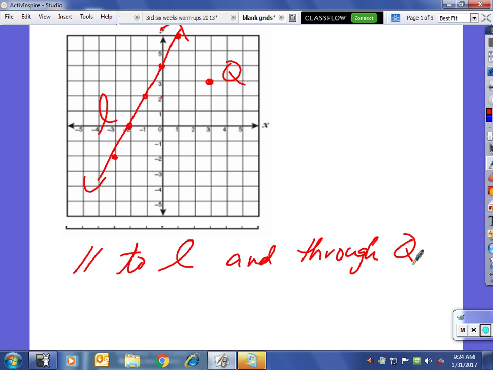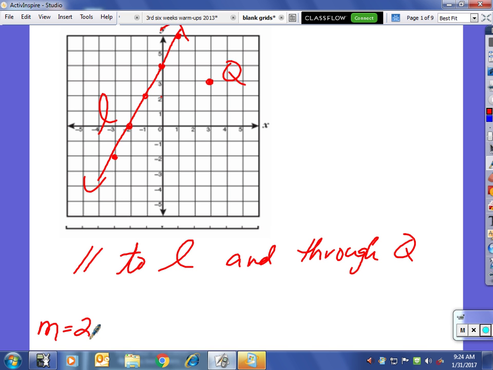Two tricky pieces of information here. First of all, you have to know about parallel lines. They have the same slope. So if I want you to be parallel to line L, then what slope do you need to use? You better use a slope of 2.